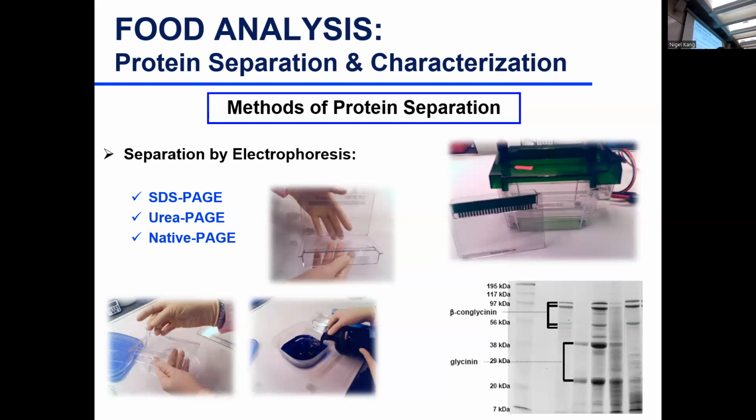So this is a separation method based on molecular weight or size. Once it is complete and you can see that the bands have migrated to the end of the gel, you can stop the current, the voltage, and then release your gel.